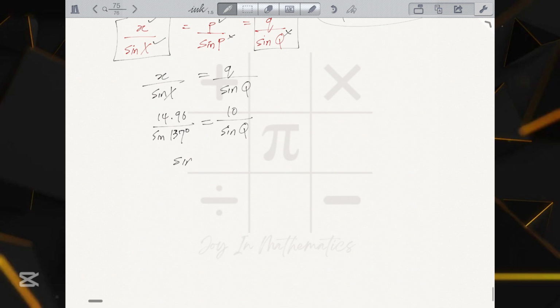We have sine Q is equal to 10 multiplied by sine 137 degrees divided by 14.96.